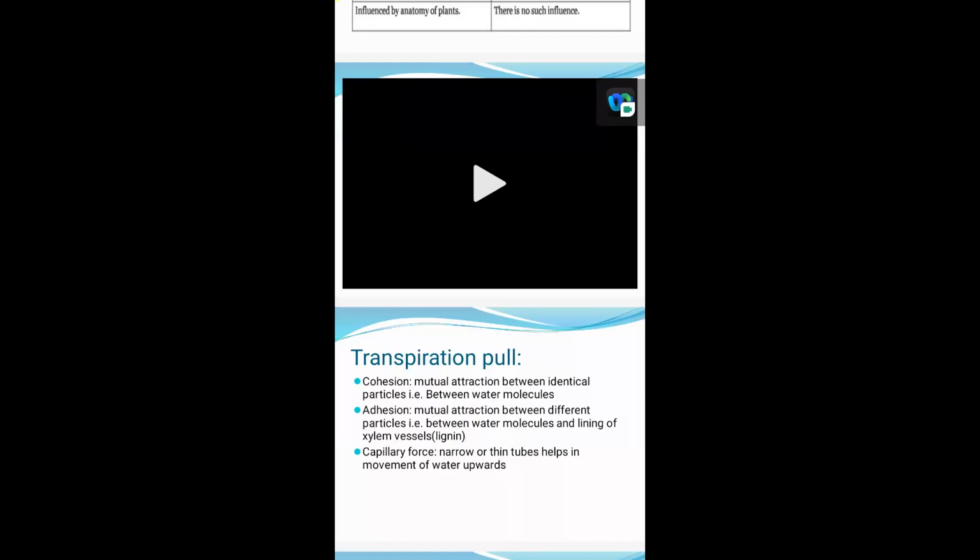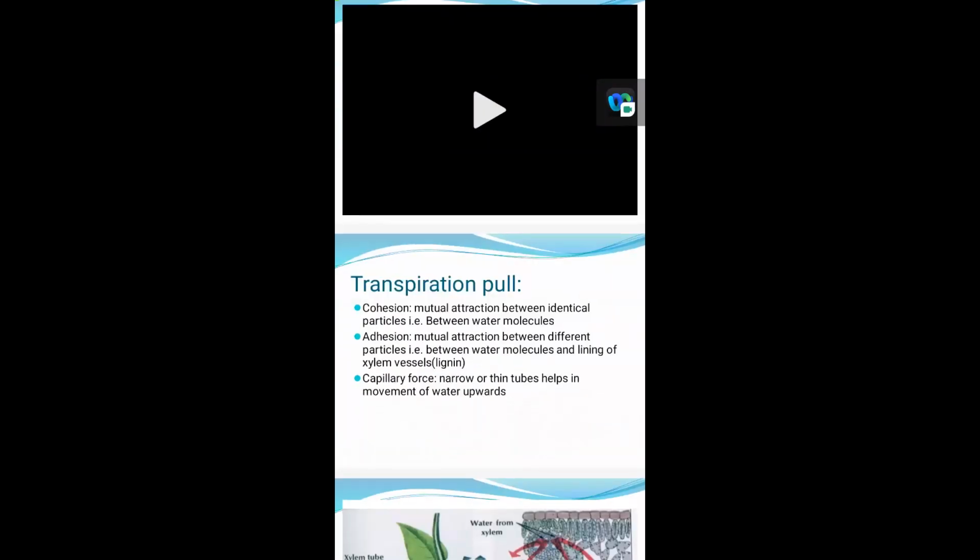The adhesive force is the mutual attraction between the water molecules and the xylem vessels, that is the lignin. And the capillary force is because of the narrow, thin tubes. These three forces help the movement of water upwards. Then how is the transpiration pull created?